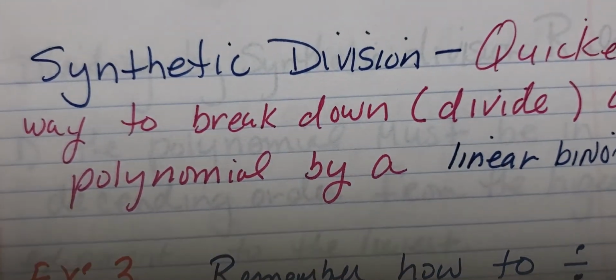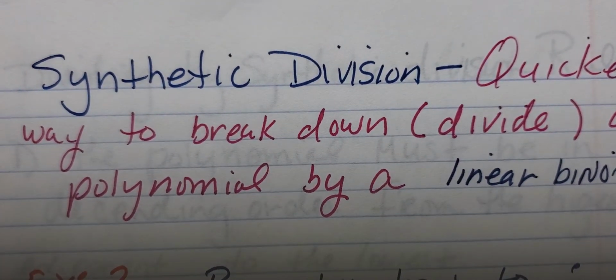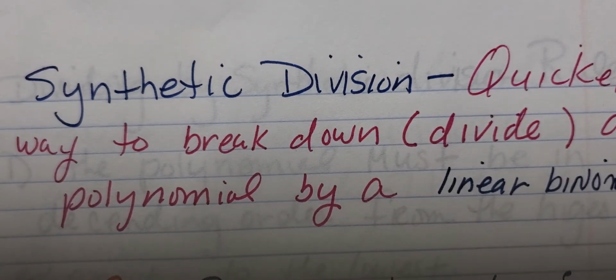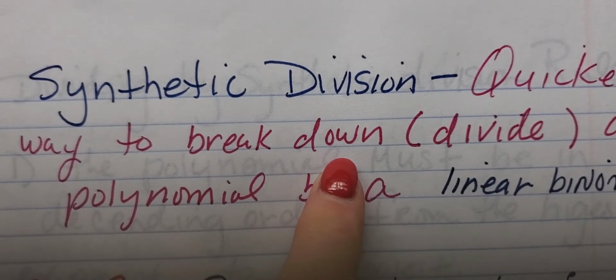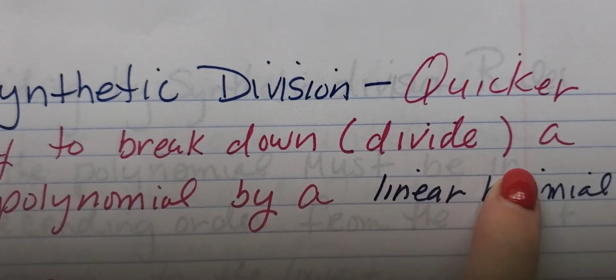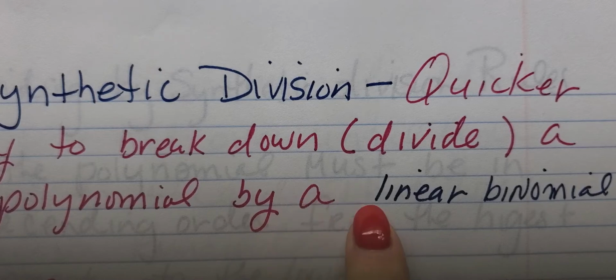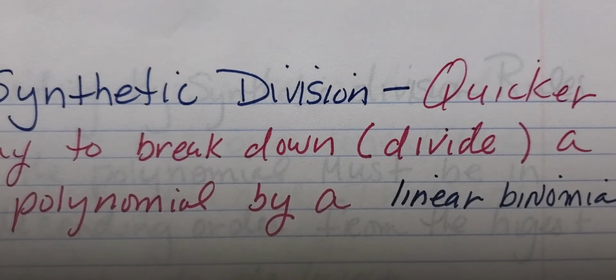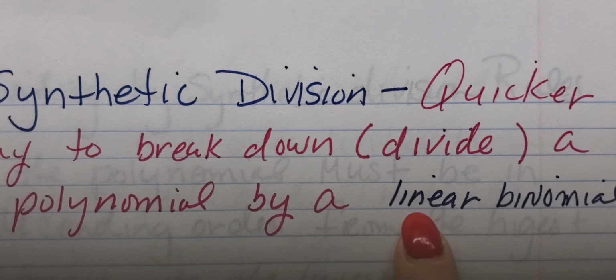First of all, a quicker way to divide these is called synthetic division. What is synthetic division? It's a quick way to break down, and what I mean by break down is to divide a polynomial by a linear binomial. Now, I'll be honest, y'all, in financial algebra, don't worry about what linear is.